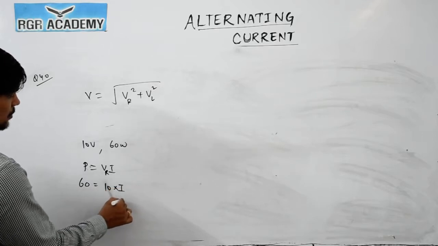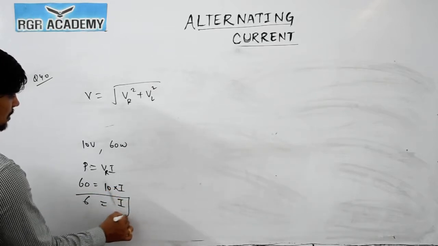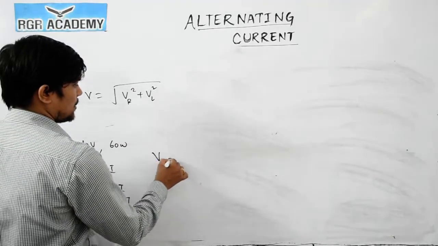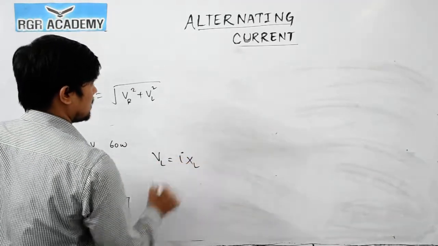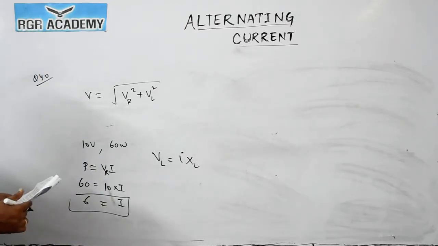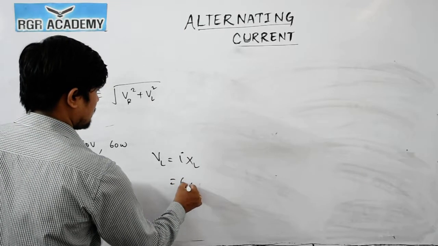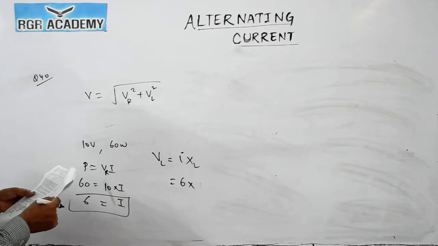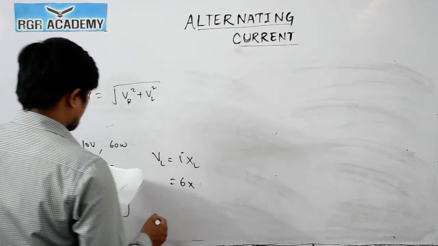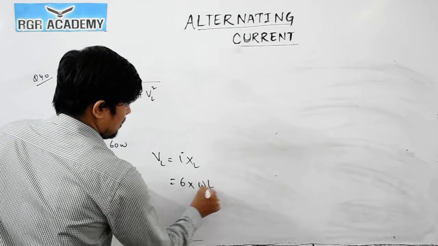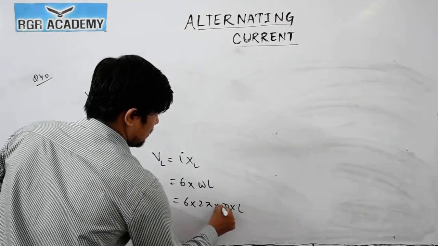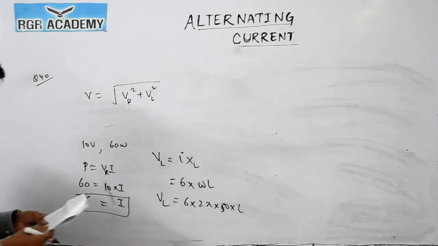So I will be equal to 6 ampere. Now the potential drop across the inductor we can write as I into XL. So it is 6 into XL, where XL is omega L, which equals 6 into 2 pi f, with f given as 50, into L.